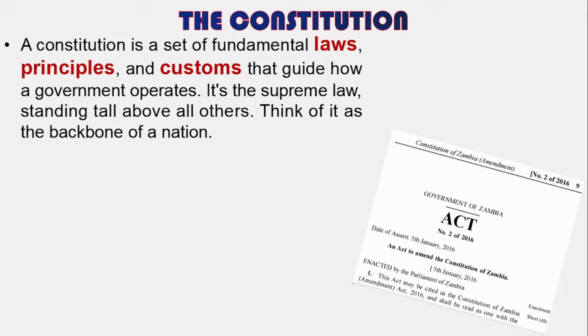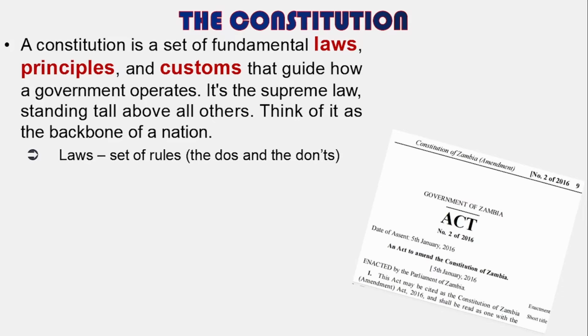We can also say that it's the supreme law that is standing tall above all other laws that are found in that country, community, or whichever organization that is. Think of it as the backbone of a nation. It's the strongest law that you're going to find, and any other law that is contrary to what the Constitution says is subordinate. Therefore, it is the supreme law of the land.